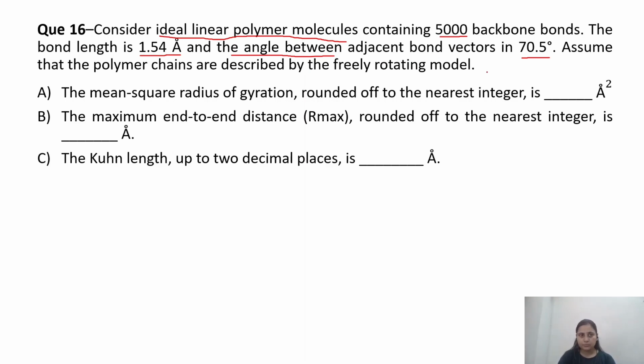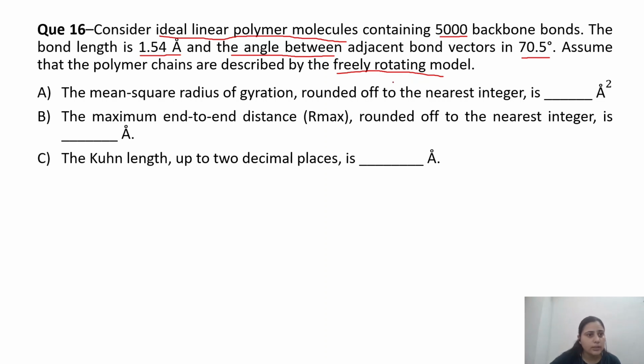Now assume that the polymer chain is described by the freely rotating model. As we just discussed, in the freely rotating model the bond length and bond angles are fixed. So here theta is already fixed, which is 70.5.